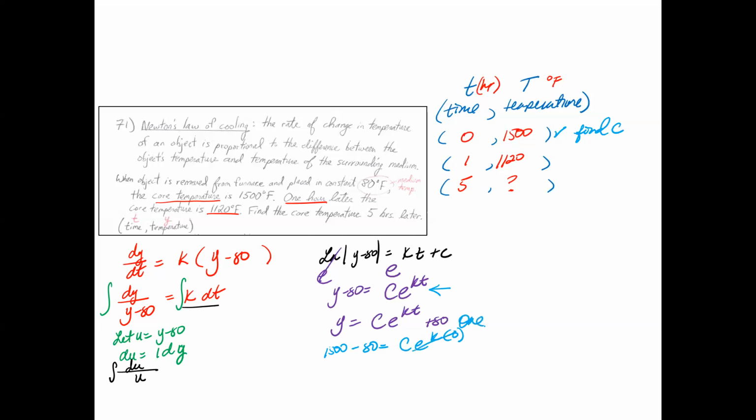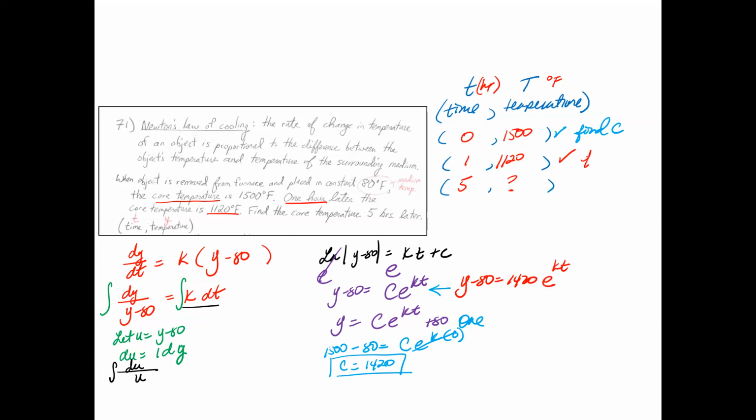This entire thing just becomes a 1, and c is just equal to 1500 minus 80, which gives you 1420. Now that I have that, let's go ahead and rewrite my equation: y minus 80 equals 1420 e to the kt.